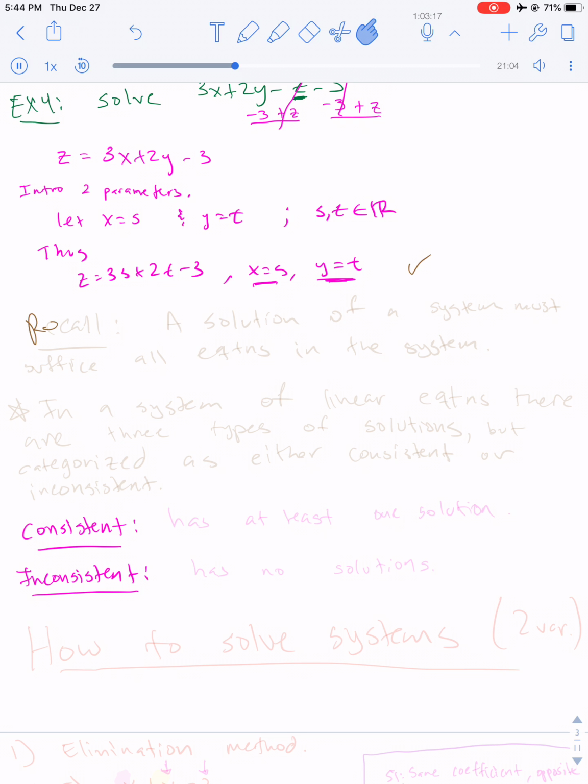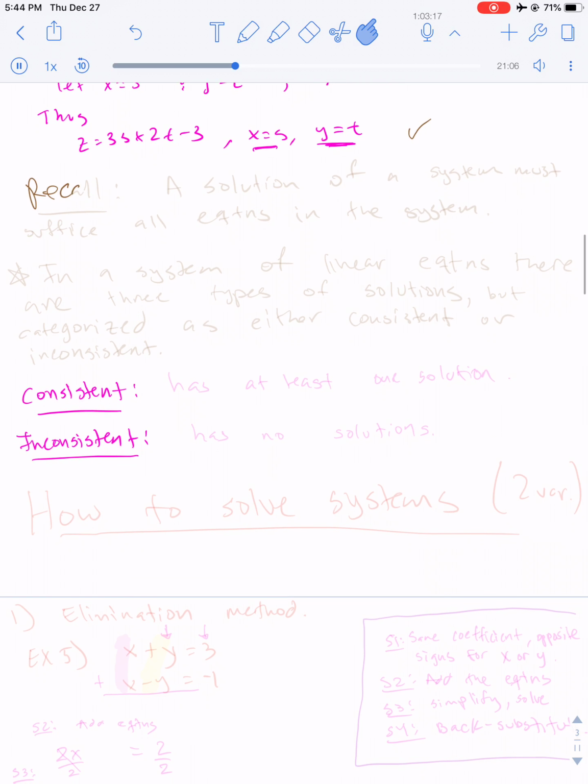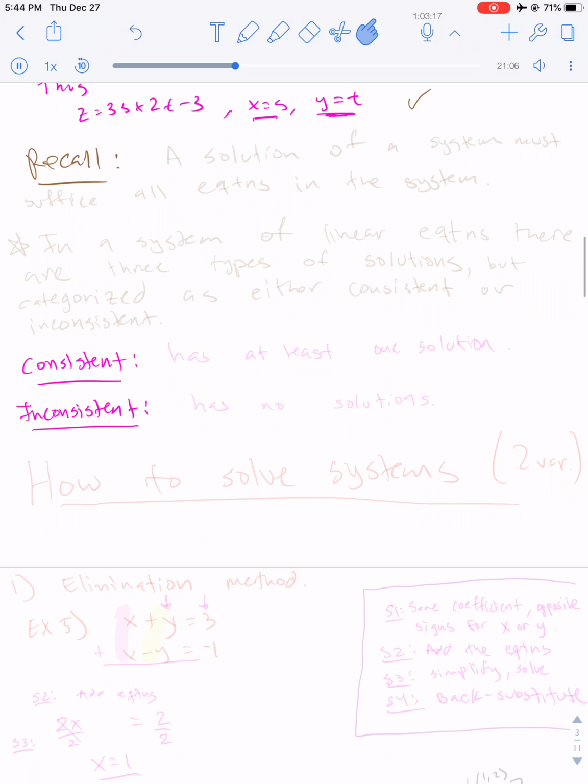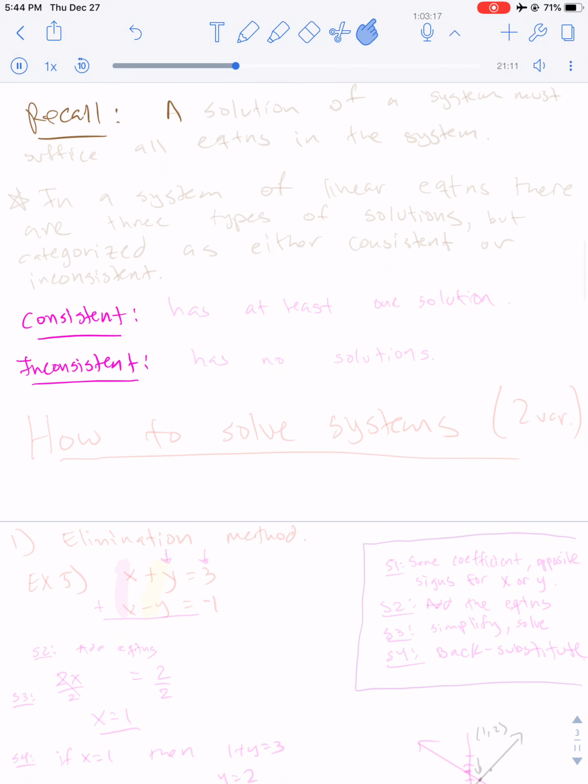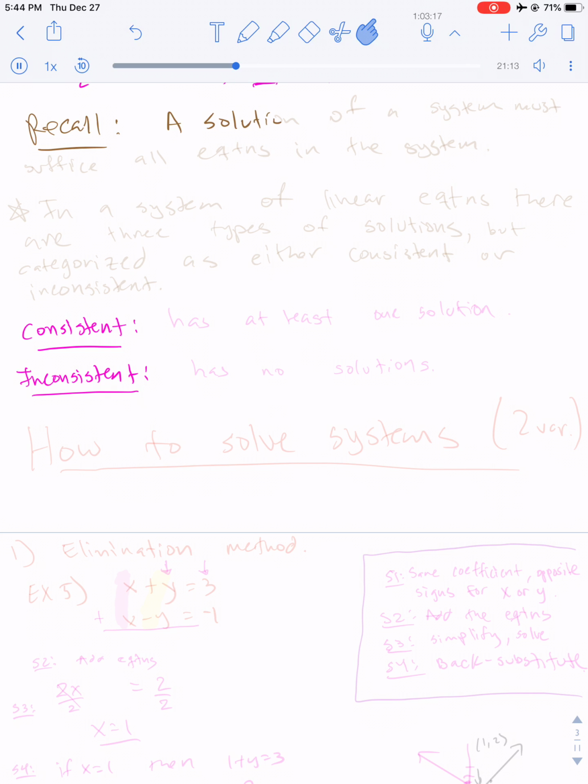Now, recall that a few lines above I stated a solution of a system must suffice all equations in the system.